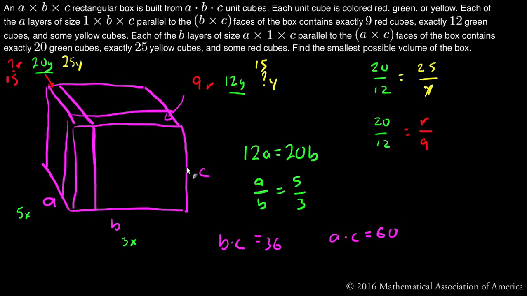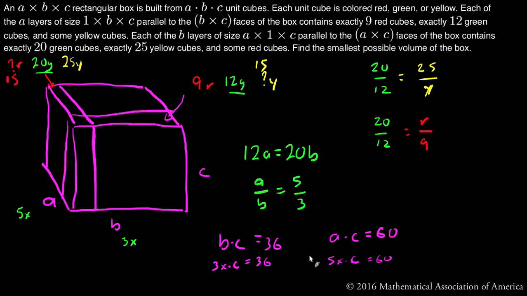And I actually just guessed a couple of things and got the answer, but you can do it directly by changing out the A for 5x and the B for 3x. And so you get 3x times c, 5x times c, that's going to equal 36, that's going to equal 60.